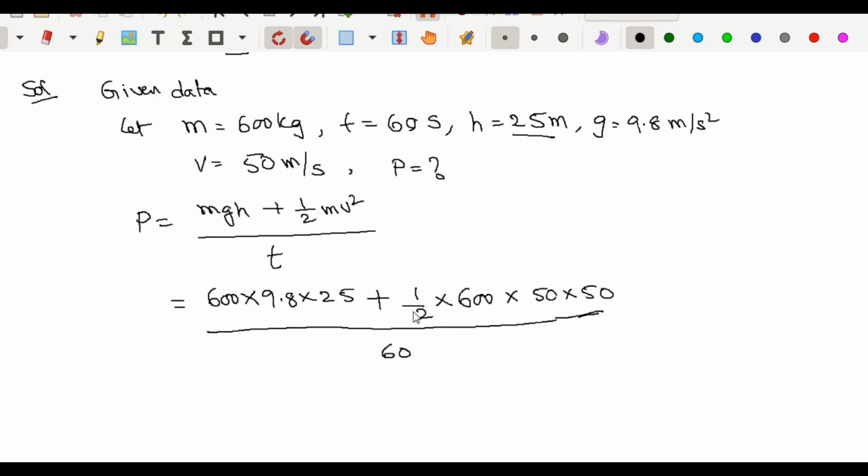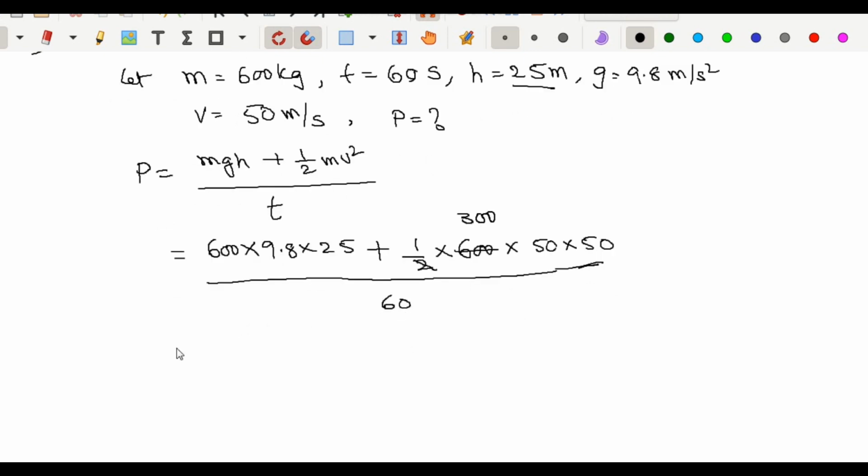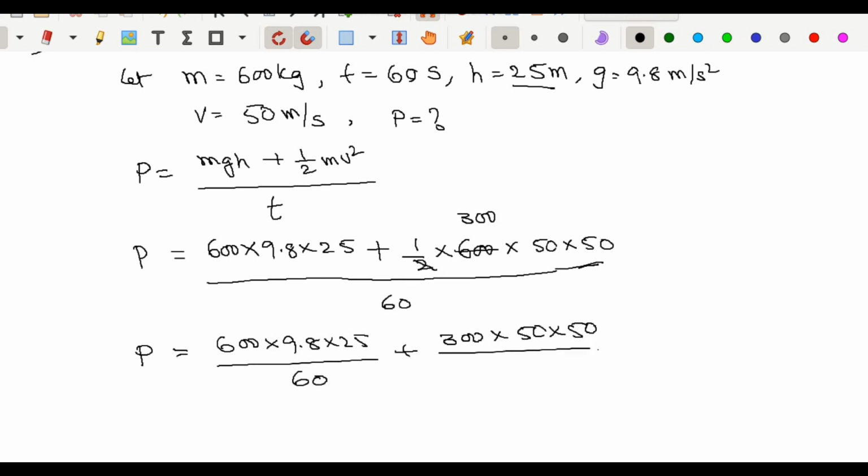For simplification, cancel this 2 in this 600, which gives 300. So we can write 600 into 9.8 into 25 divided by 60 plus 300 into 50 into 50 divided by 60.